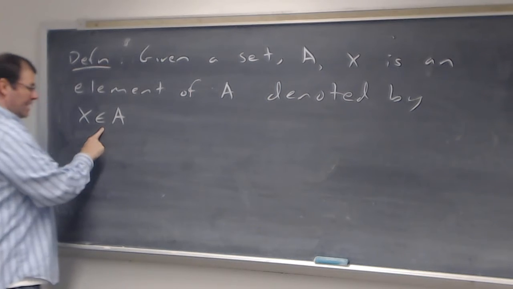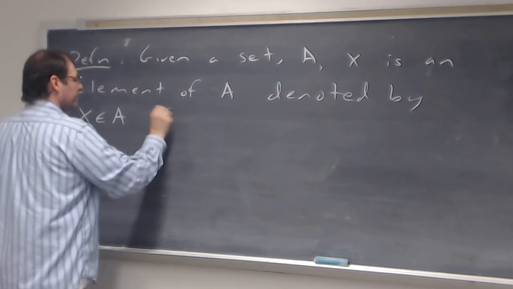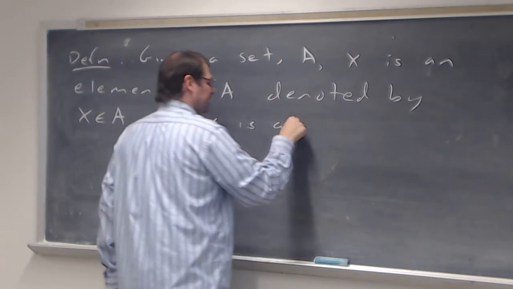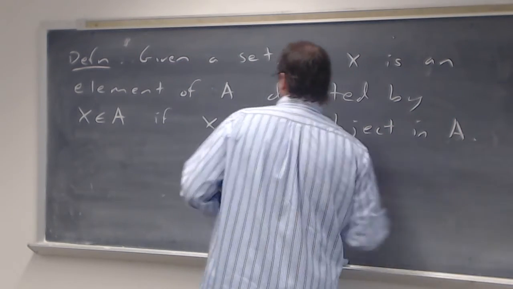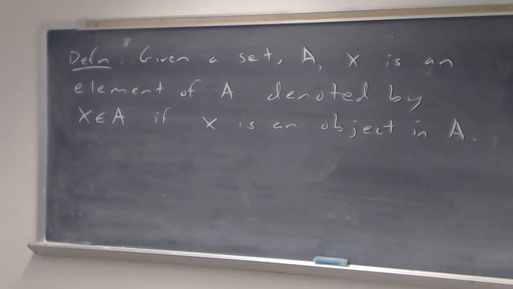So that's element of A right there, that's simple. If X is an object in A. So now it's just a fancy word for an object in the set.